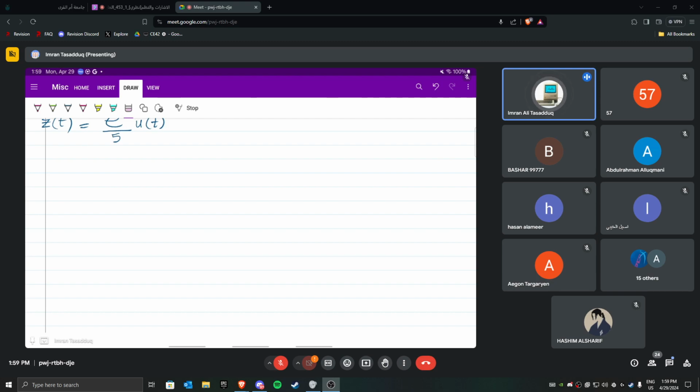All right. So the question is this: x of t is equal to e to the power minus alpha t u of t, and h of t is equal to e to the power minus beta t u of t.